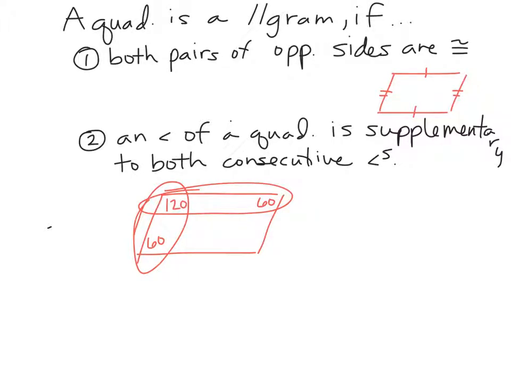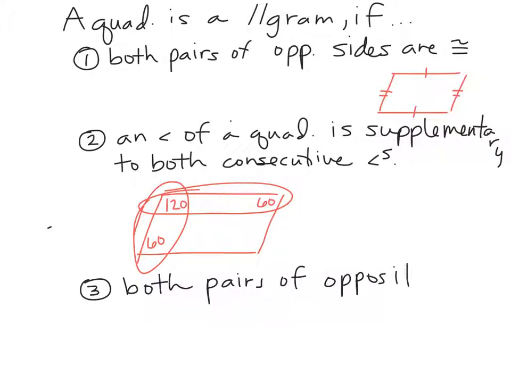Third one, a quadrilateral is a parallelogram if both pairs of opposite angles are congruent.